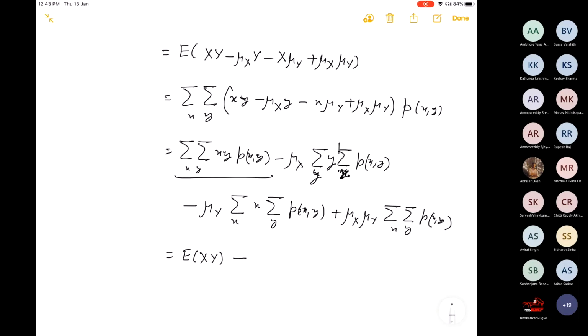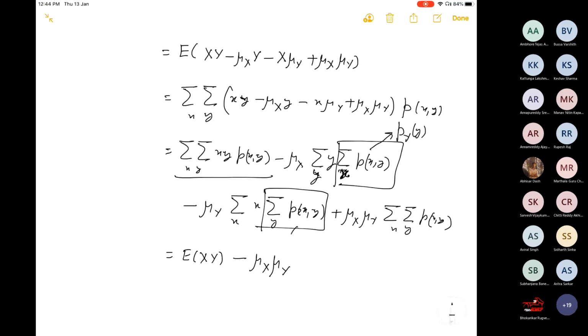And can anyone tell what this value is equal to? If I sum the joint probability mass function over x, what will I get? The marginal of y. Yes, so we will get the marginal of y, so we have summation y py, that is mu y.